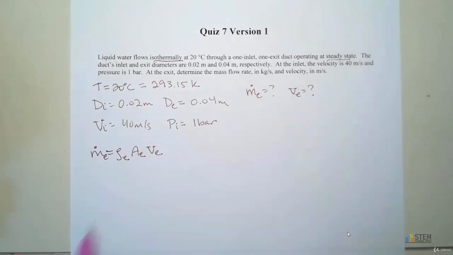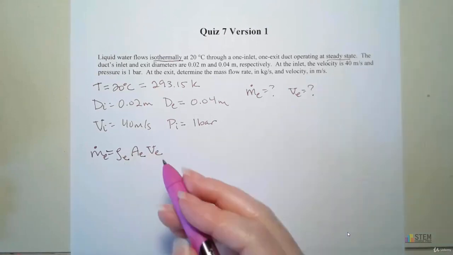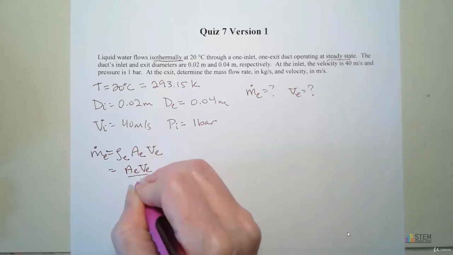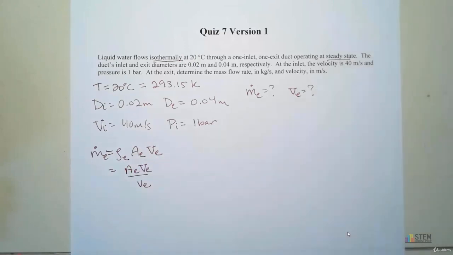So you've got to multiply all three of these together. Another way of writing this would be AE VE over specific volume at the exit. And we're going to switch to this form because we can look this up in the table, this vE. Density, not so much.